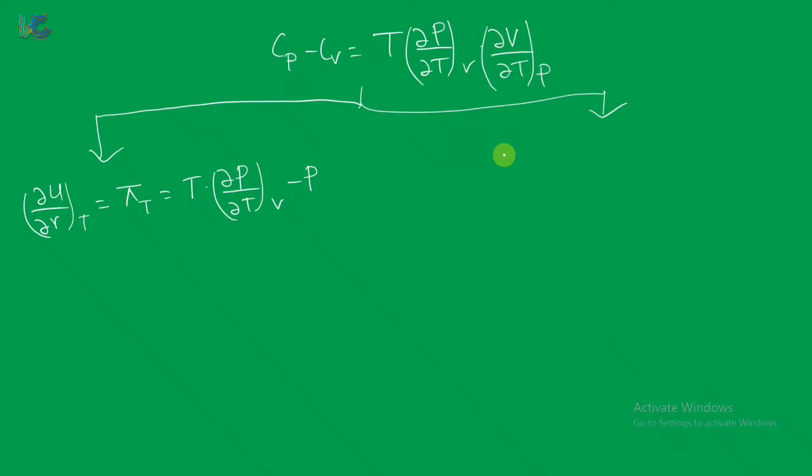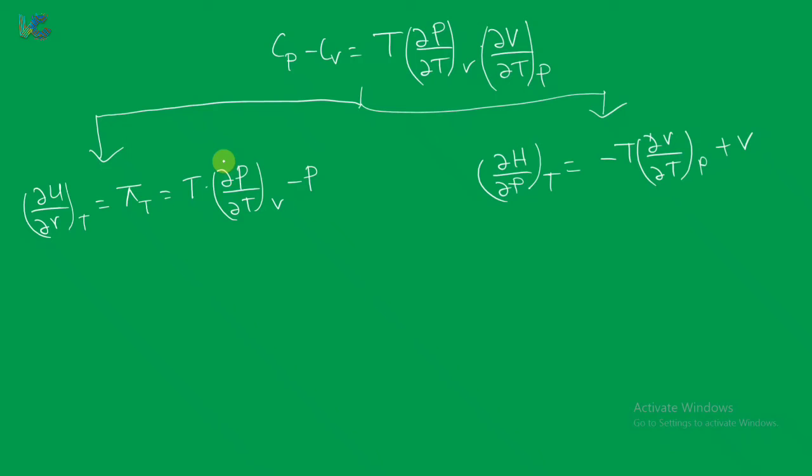That means we will use del H del P at constant T is equal to minus T del V del T at constant P plus V. So you have pi T is equal to T into del P del T at constant V minus P.